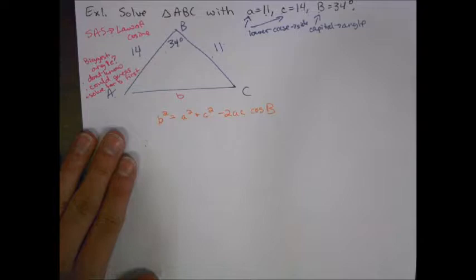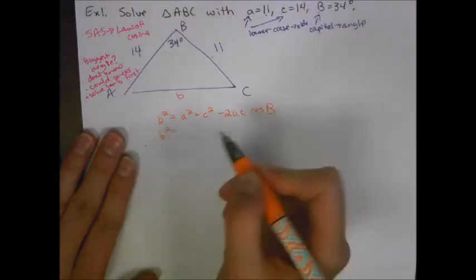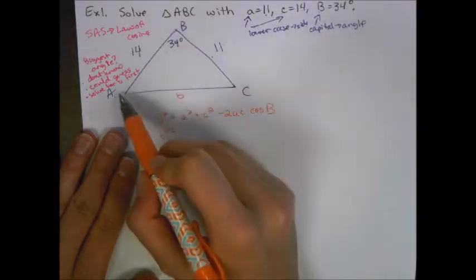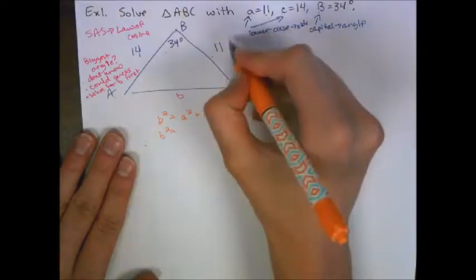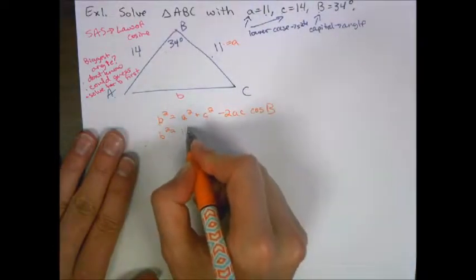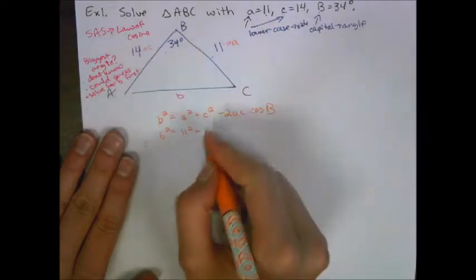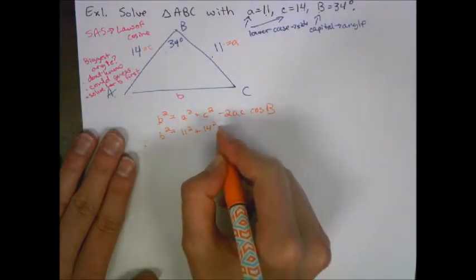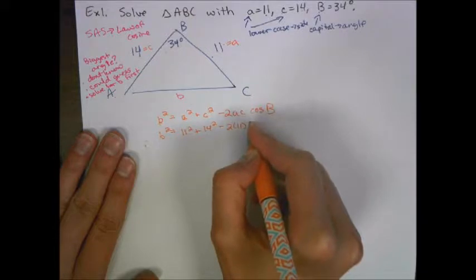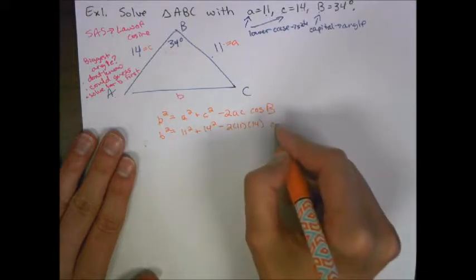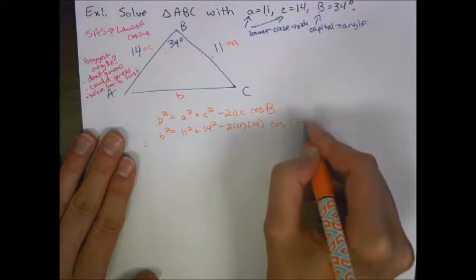Let's go ahead and plug everything in. I have b squared equals a squared. What is a squared? Well, a squared is across from capital A. c squared is across from capital C. Minus 2 times 11 times 14, cosine 34.